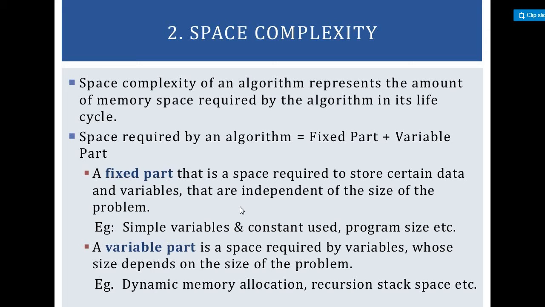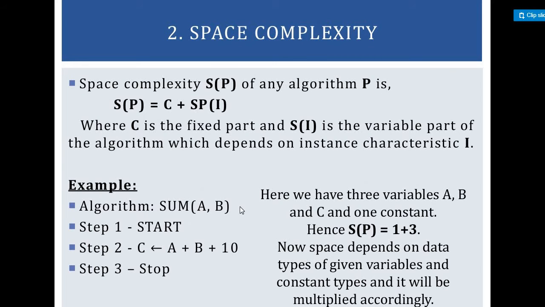A fixed part is the space required to store certain data and variables that are independent of the size of the problem, for example simple variables, constants, program size, etc. A variable part is the space required by variables whose size depends on the size of the problem, for example dynamic memory allocation, recursion, stack space, etc. The space complexity S(P) of any algorithm P is S(P) = C + S(I), where C is the fixed part and S(I) is the variable part of the algorithm, which depends on instance characteristic I.